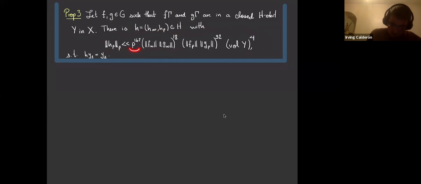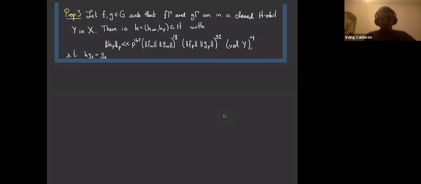There is some power of p, then a power of the norm of F infinity, G infinity, so the real coordinates, also some power of F_p, G_p, and there is also a contribution coming from the volume of the orbit.